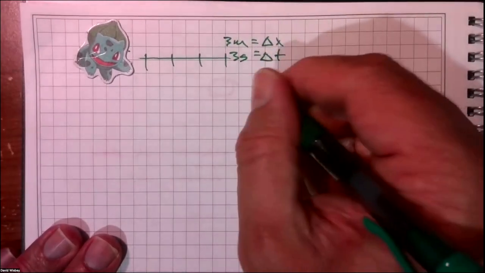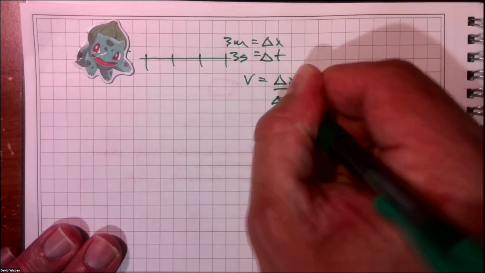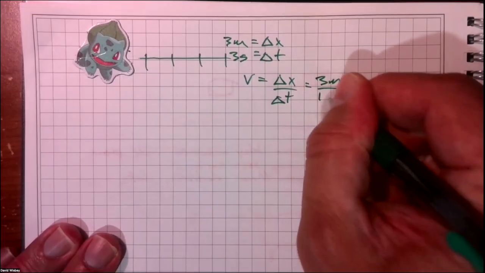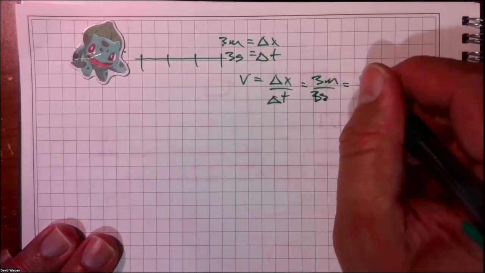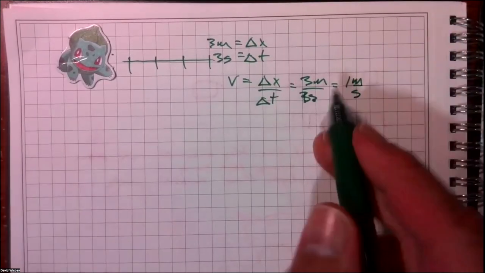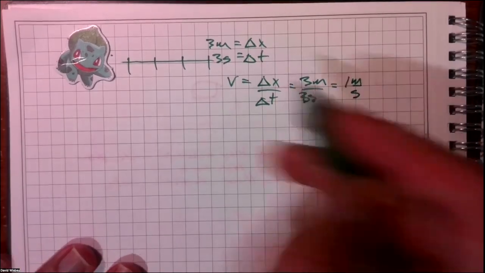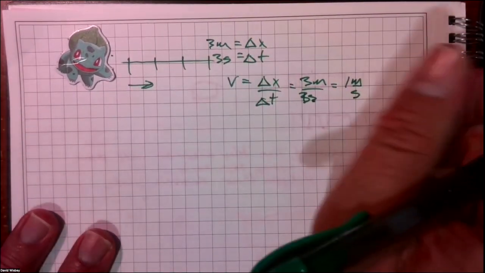So if we want to get his velocity, that is going to be delta x over delta t, which is going to give me 3 meters divided by 3 seconds. And so 3 divided by 3 is 1 meter per second. And we need a direction. So he's going to the right, at 1 meter per second.